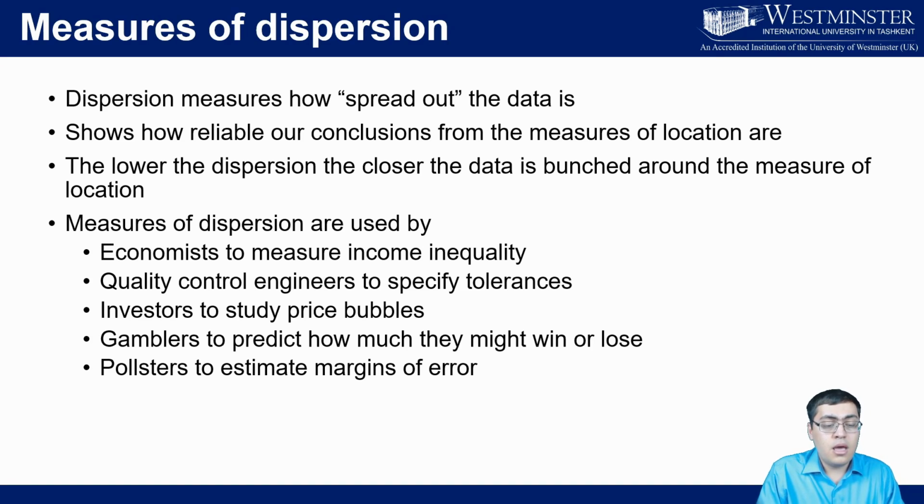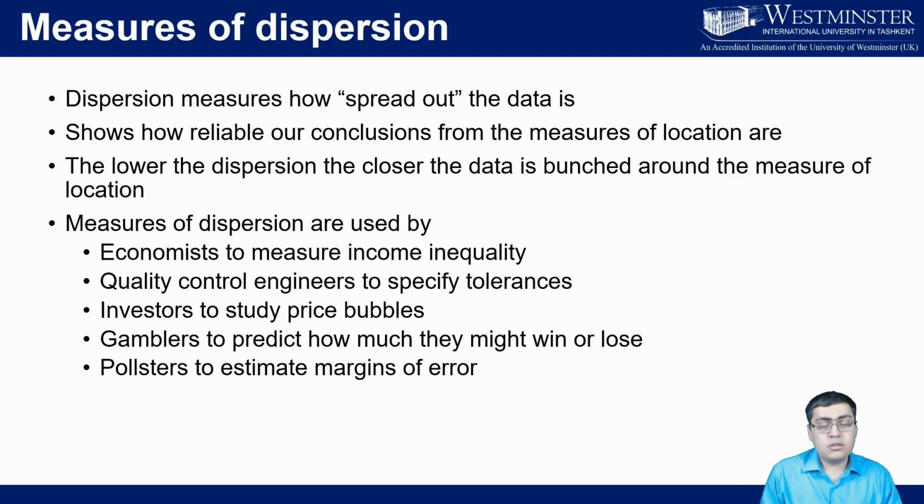So in essence, a measure of dispersion measures how dispersed or spread apart this data is from this central point. It also shows us how reliable the conclusions that we make from using our measure of location are. So in general, the lower the dispersion, the closer the data is bunched around this measure of location.